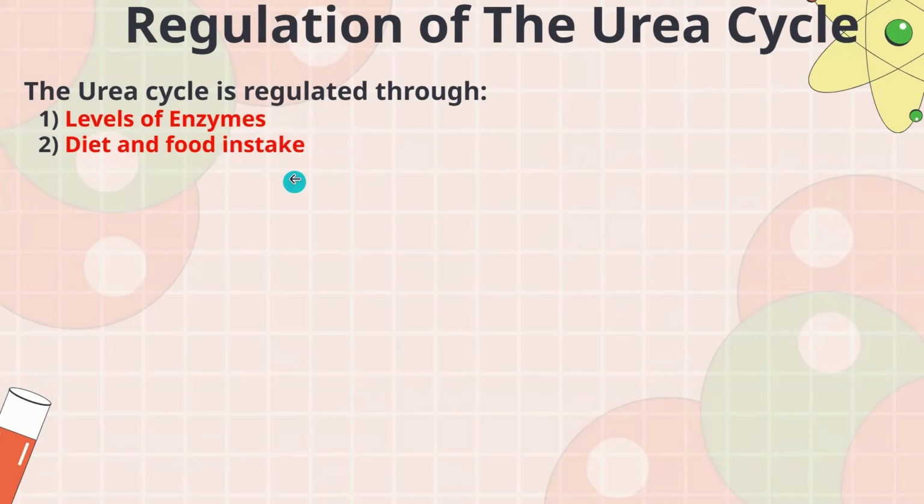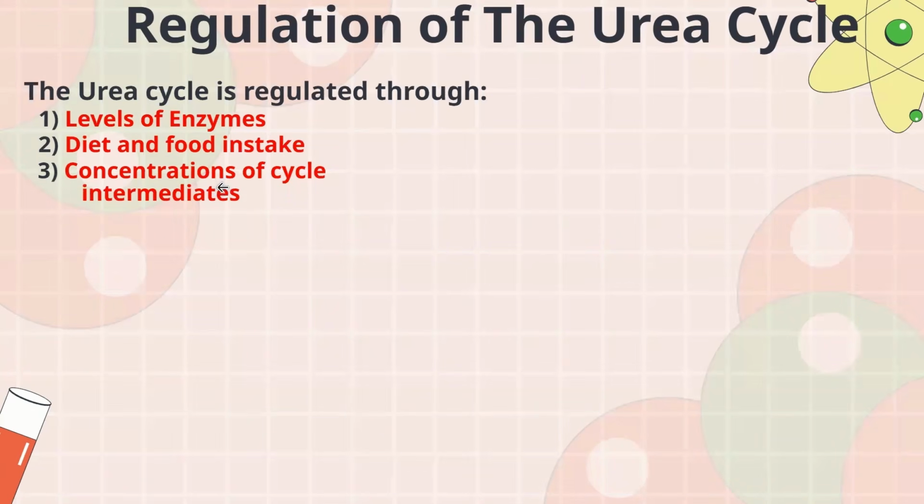And finally, the concentration of cycle intermediates. The more intermediates you have, the more active the urea cycle is going to need to be. With levels of enzymes, if you have high activity, obviously. And finally the diet and food: if you're having a lot of protein, we need to degrade this protein, and more NH3 is going to enter the urea cycle. So yeah, that's about it.